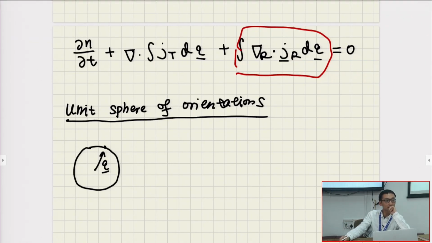Note that this sphere here is not the particle, that's just the representation of the orientation space. Q is a unit vector that, if you're imagining in 3 dimensions, can go in whichever direction.